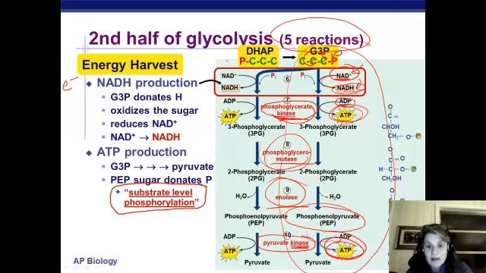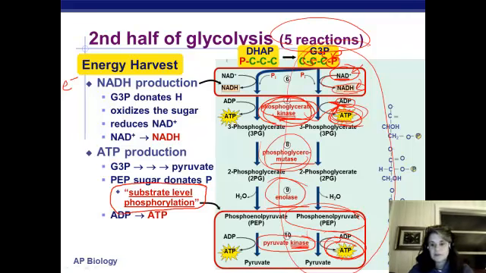An enzyme, a kinase, physically strips a phosphate from somewhere, okay, from this molecule up here, and it sticks it onto another one, in this case the ADP, and turns it into ATP. So this will be more contrasted with a different type of phosphorylation we're going to do later. But in this case, physically, we're going to strip a phosphate from a substrate, stick it onto an ADP, and bingo, we've got ATP. Okay?